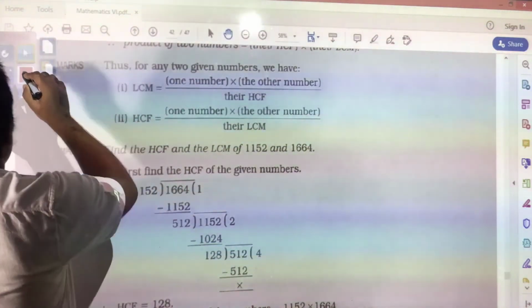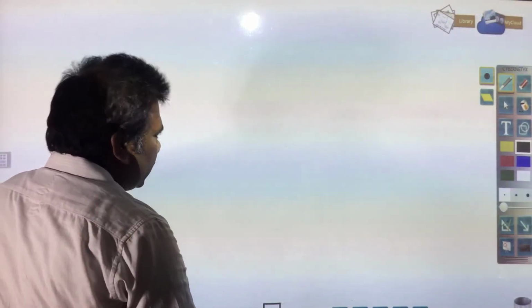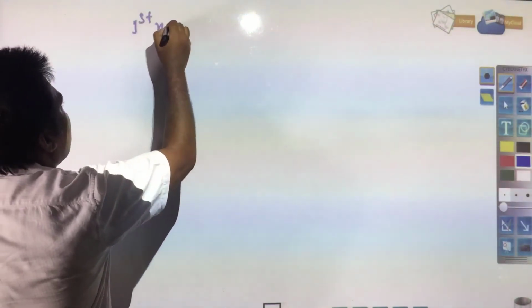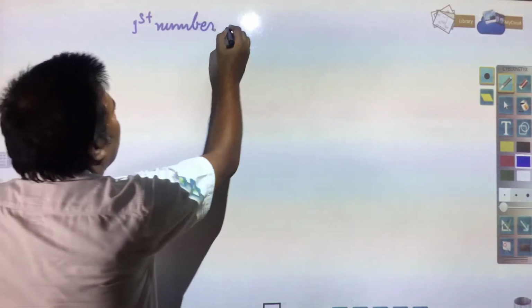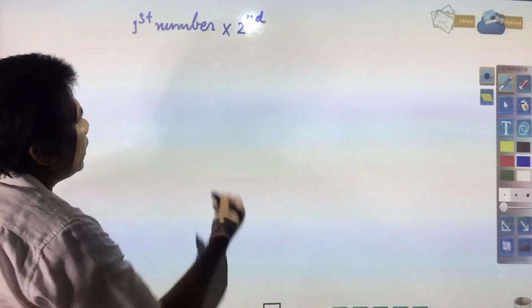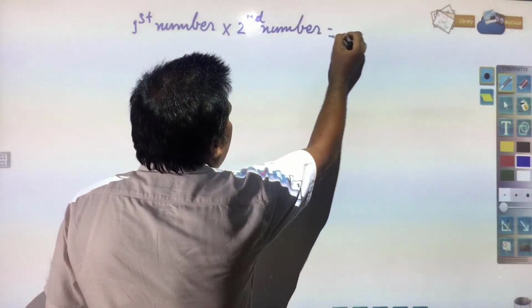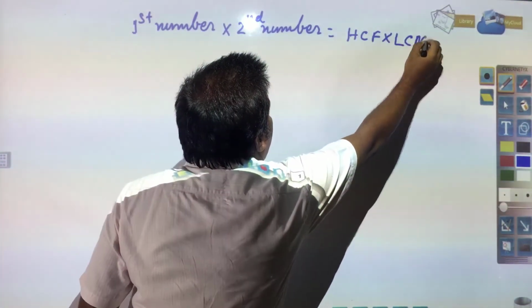You can see it in this way also, so that you will easily understand. What you had seen: first number into second number is equal to HCF into LCM.